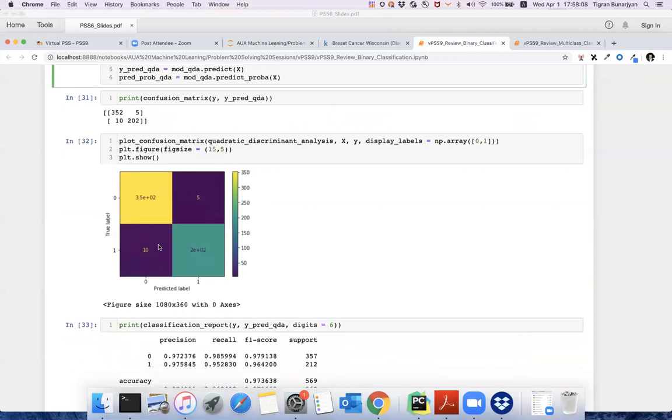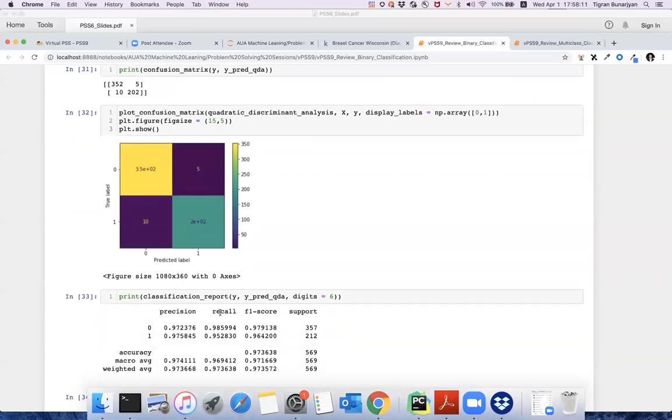And while we look at the classification report, we see 0.97 and 0.98 as precision and recall scores, and 0.97 and 0.95 for class 1.